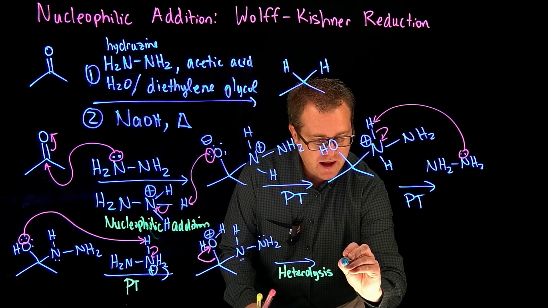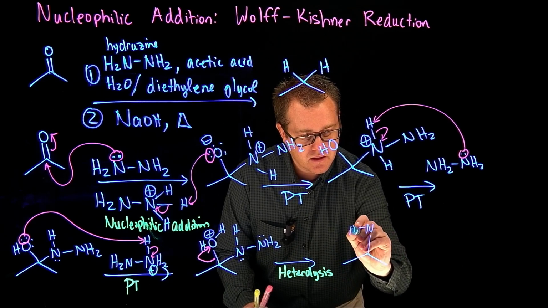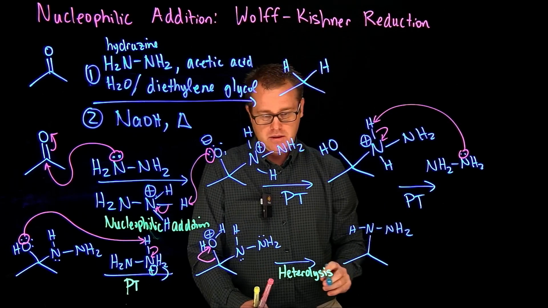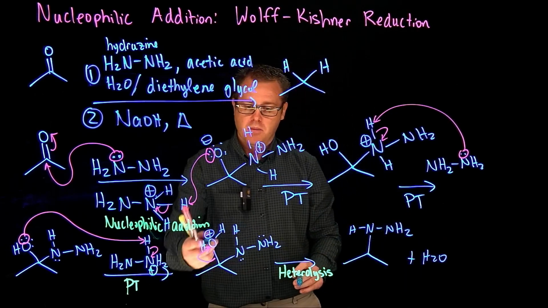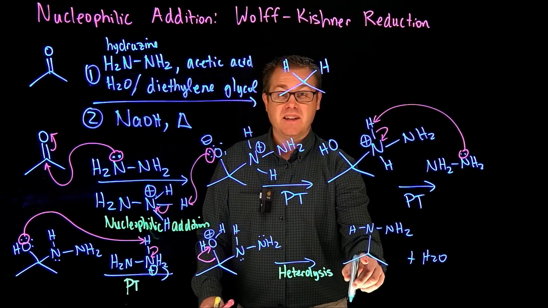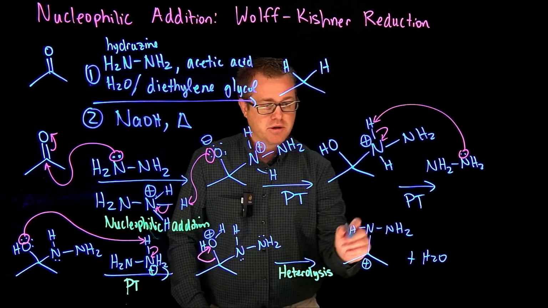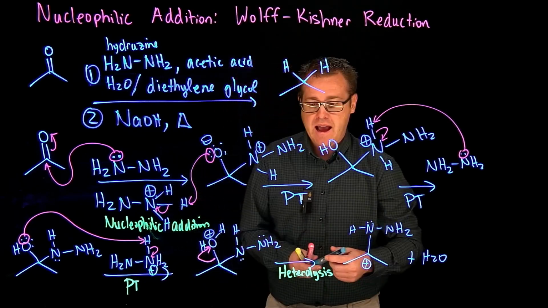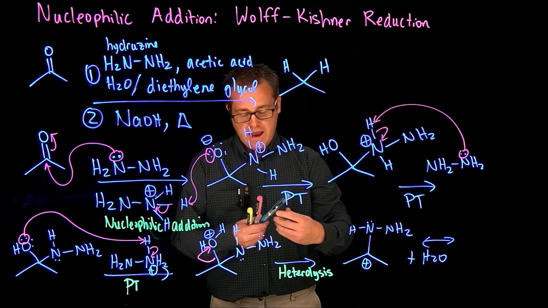And now what do we have? We have our nitrogen species there. And then what is left? Water is left. But because water is left, that carbon now only has 3 bonds, so that's going to be positively charged. But we can anticipate here that we have resonance stabilization because we have what?